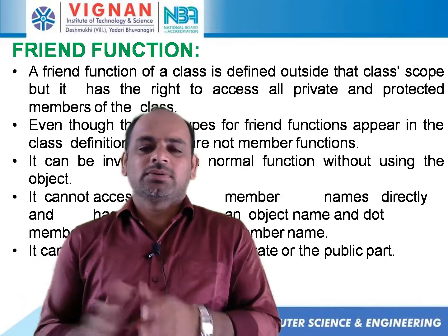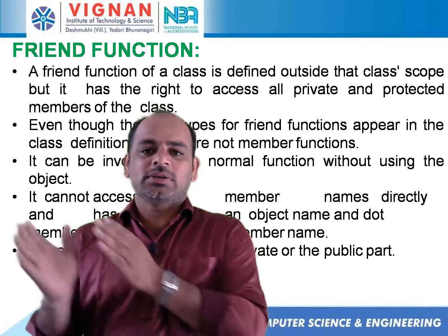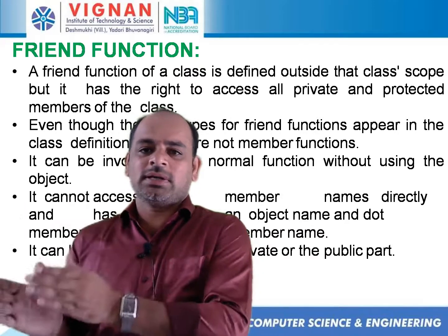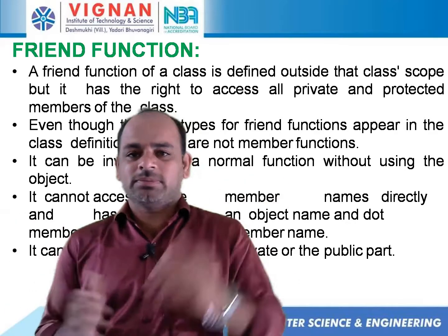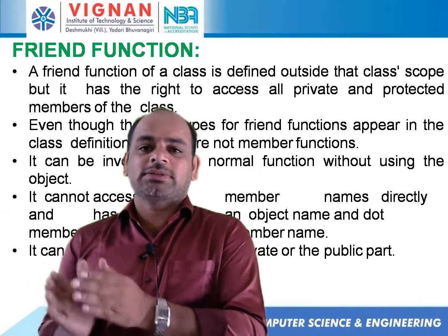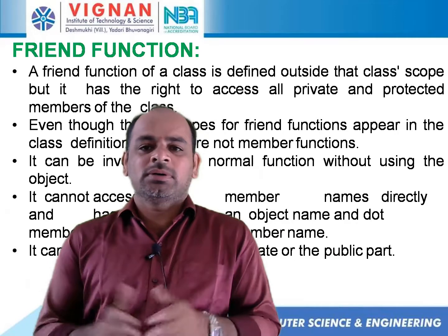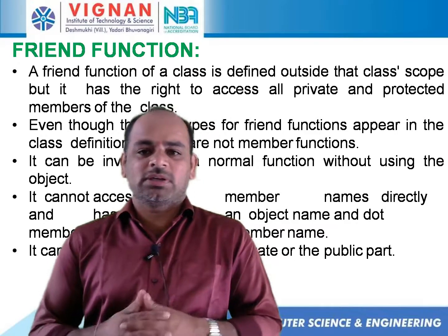In order to do this, we have the keyword friend, so that the other function or class can access the private members of that class. That is the use of the friend function.